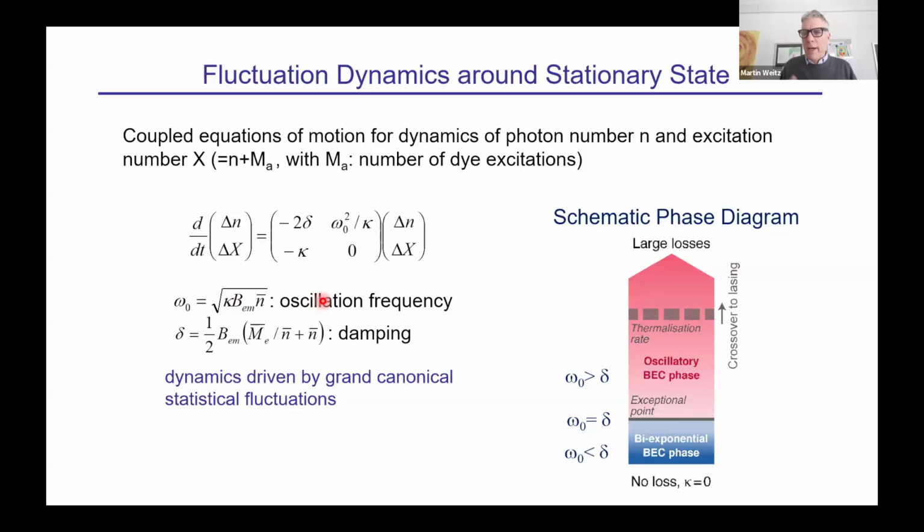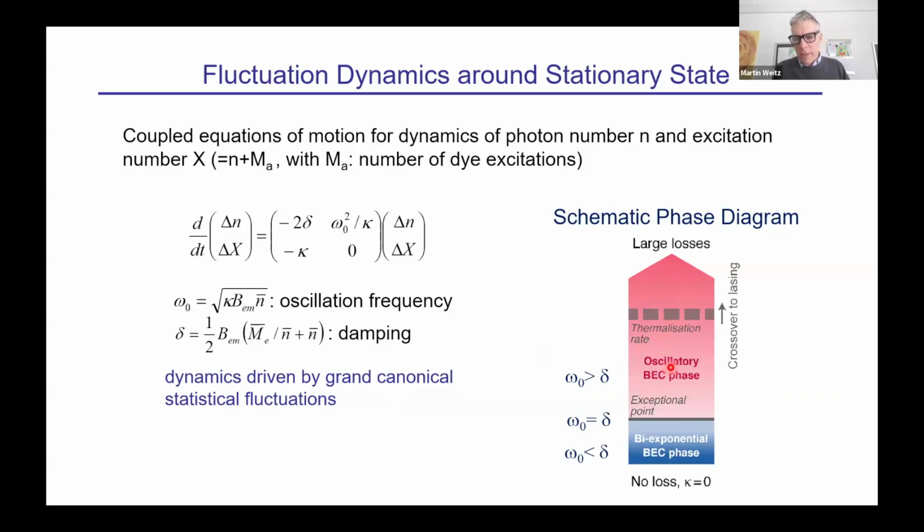This arises from precisely the same thing: if you have losses, the whole coupled equations of motion become nonlinear, and this is why such a non-Hermitian matrix arises. And in this case, the dynamics is driven by the grand canonical statistical fluctuations, and the phase diagram in a simplified way is as follows.